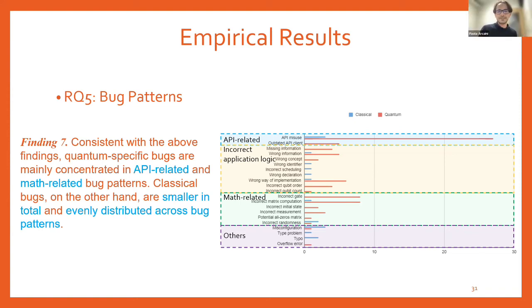We have classified them into quantum specific and classical bugs in our bug patterns, and we can find that there's a huge difference between the classical bugs and quantum specific bugs.